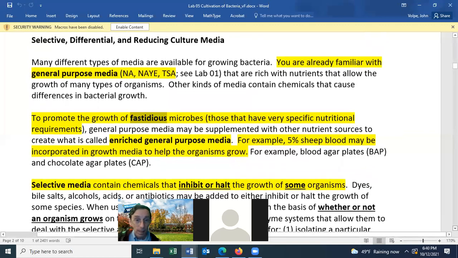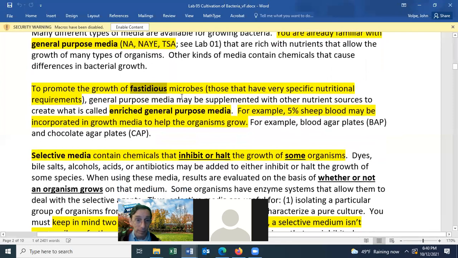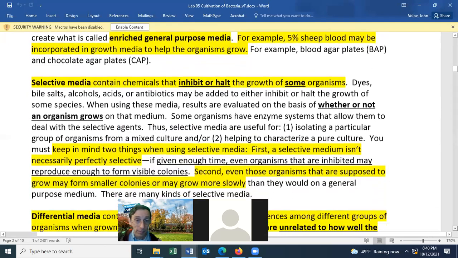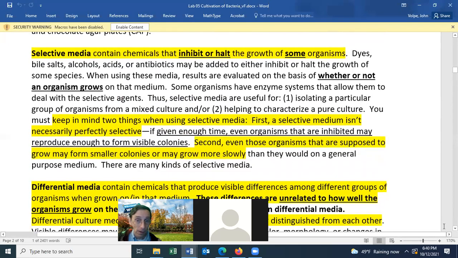All right. So besides general purpose media and enriched general purpose media, we have selective media. Selective media has chemicals in it that inhibit or halt the growth of some organisms, but allow other organisms to grow.